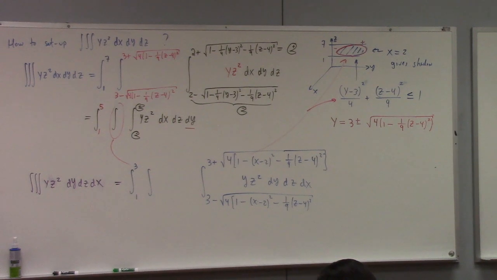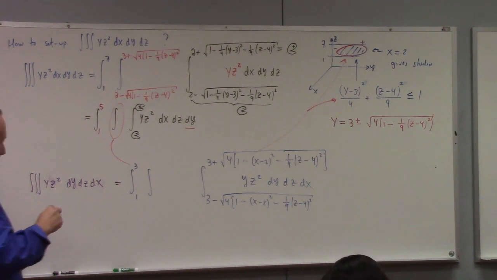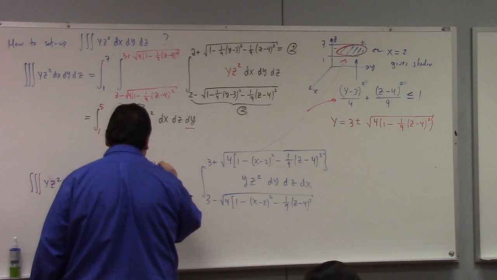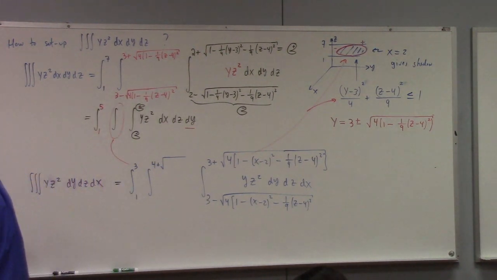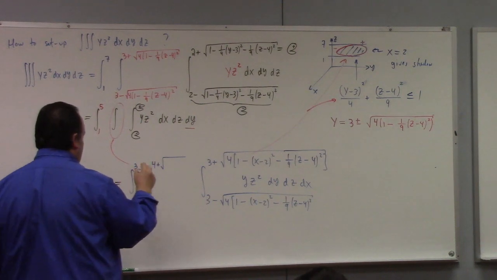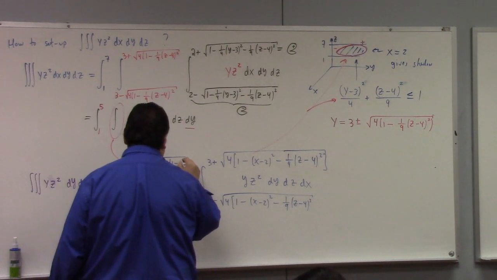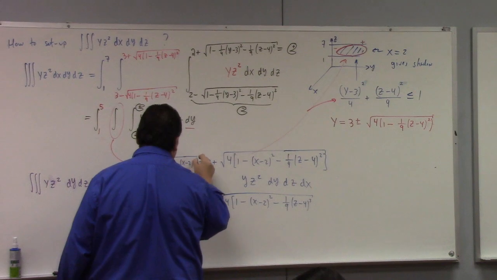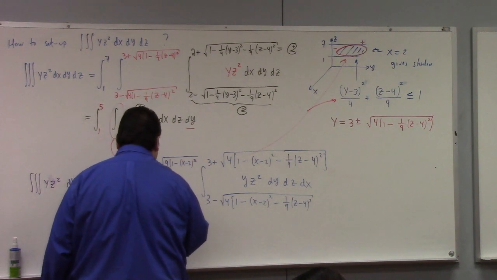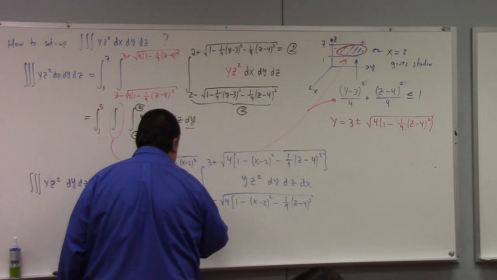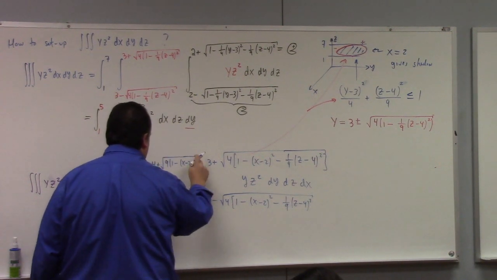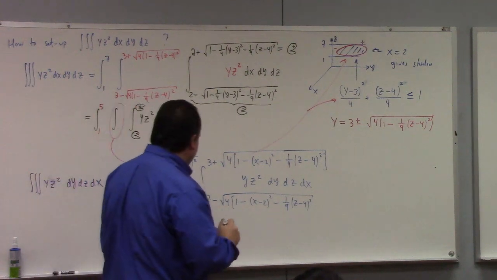So it looks like I've got 4 plus the radical 9 times 1 minus (x minus 2) squared, and 4 minus the radical 9 times 1 minus (x minus 2) squared. Did I do it right? I'm asking.